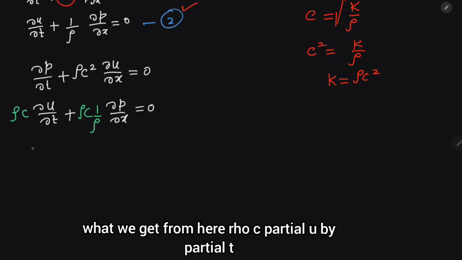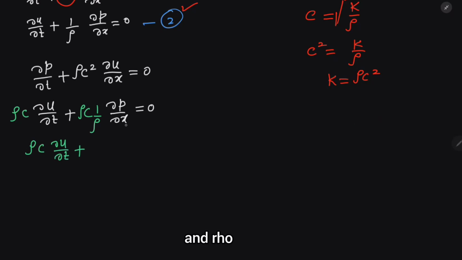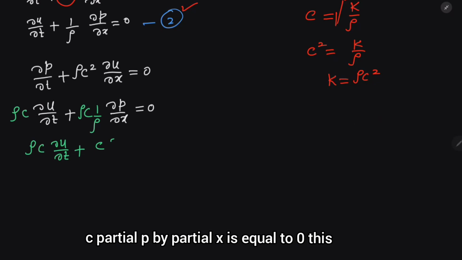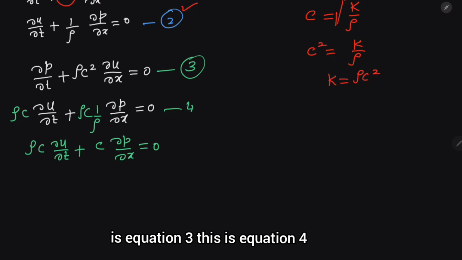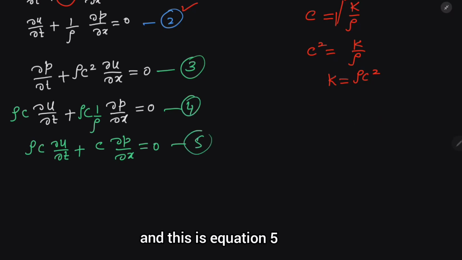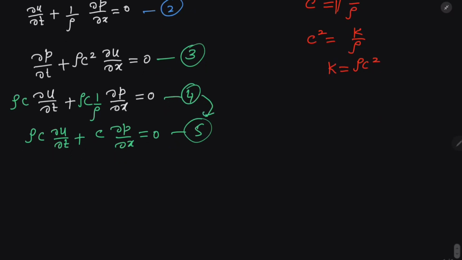What we get from here is rho c partial u by partial t plus c partial p by partial x is equal to 0. This is equation 3, this is equation 4, and this is equation 5. So we just wrote equation 4 like this.